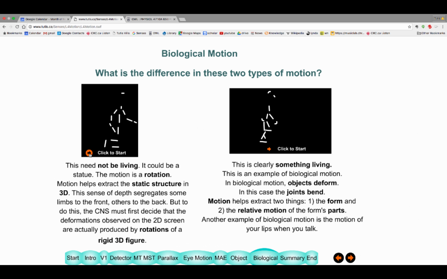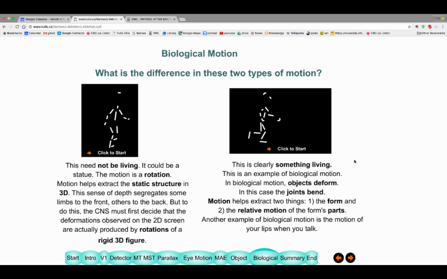No. It could be a stationary statue being turned round and round, or you're going round the stationary statue. It could, of course, be someone still is turning round and round, but from just this you couldn't tell it was alive. If you look at this, you can tell that it's something living.